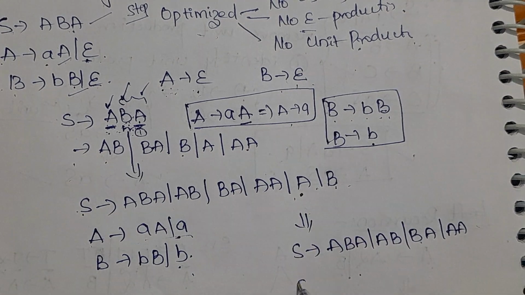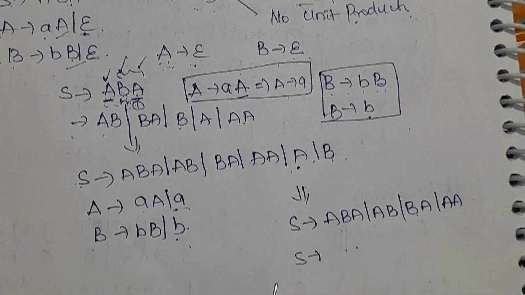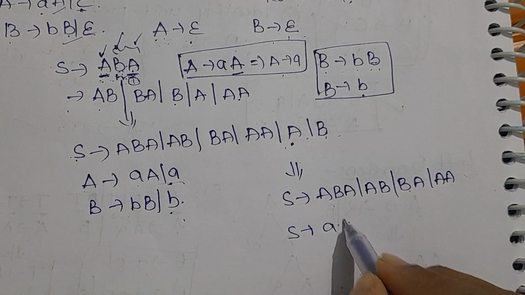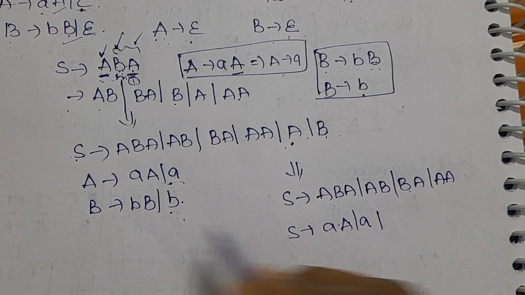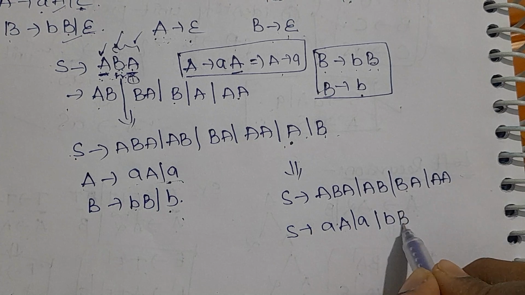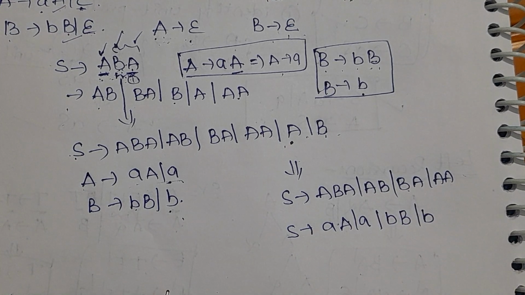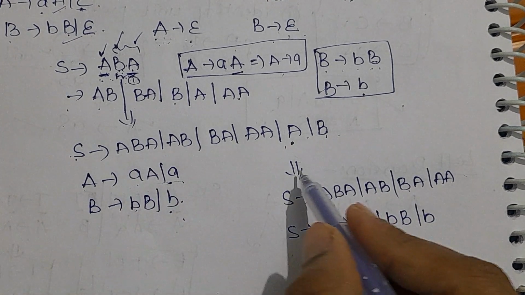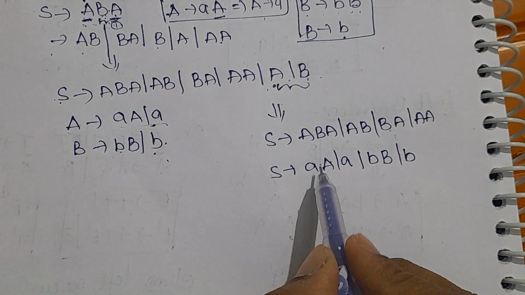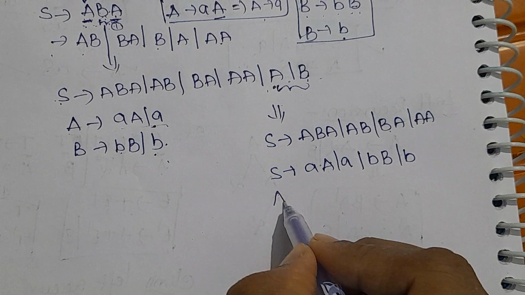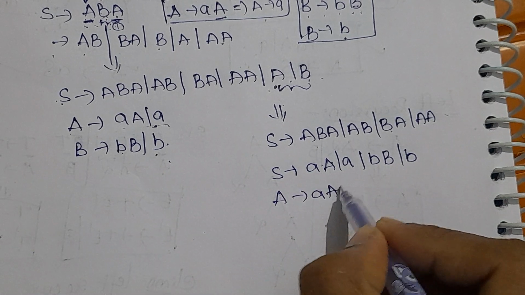So, in place of A, S will be deriving these two, A or A, and in place of B, S is deriving small b, capital B as well as small b, right? So, after elimination of unit productions, the result will be like this, and A and B productions will be as it is, right?